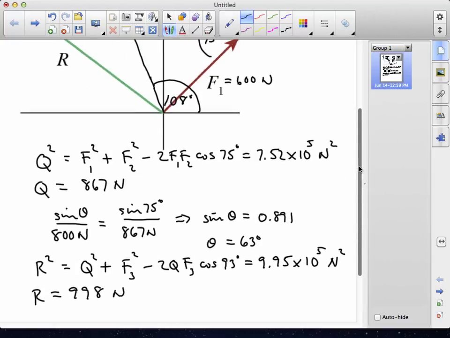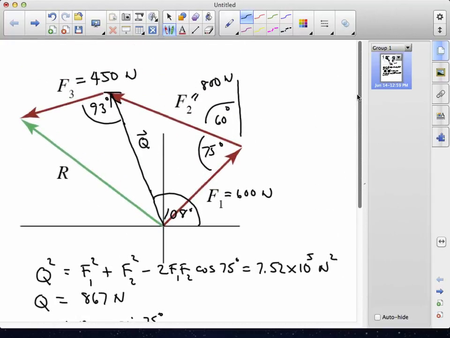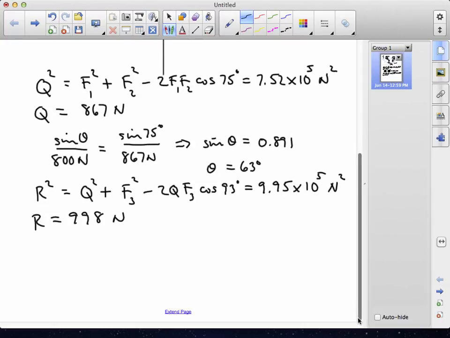Let's go back up to our figure for just a moment, and now I will define an angle phi between R and Q, and I can again use the law of sines to get that angle. So we'll say the sine of phi over F3, which is 450 newtons, is equal to the sine of 93 degrees over 998 newtons.